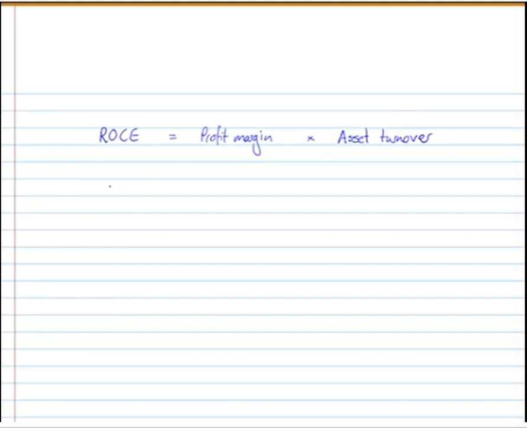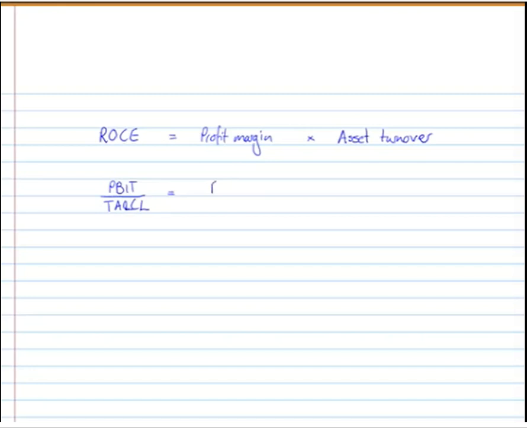Now we look at the calculations themselves and how they fit together. We said ROCE was simply PBIT over TALCL. Okay, that's made up of our profit margin.